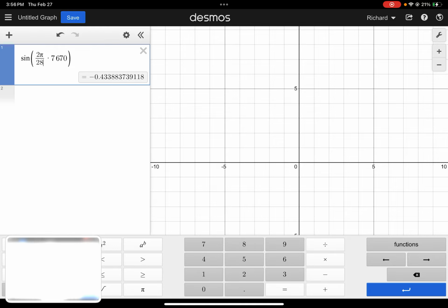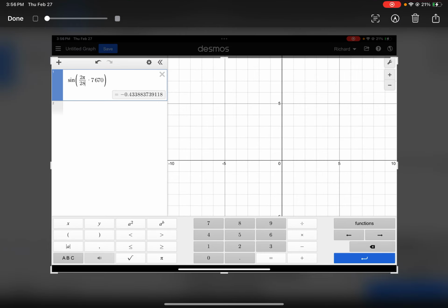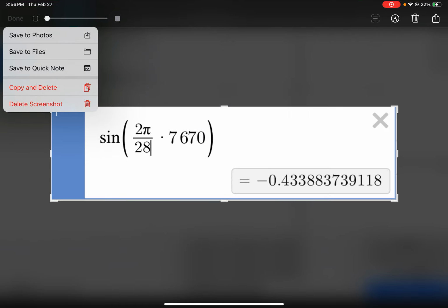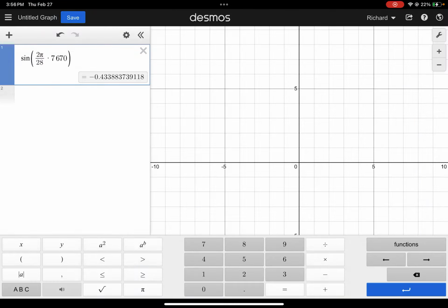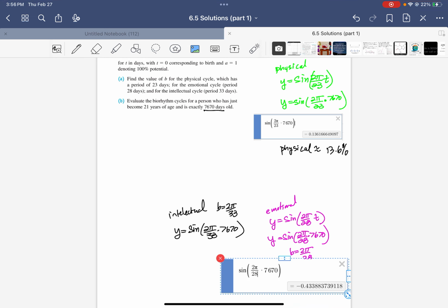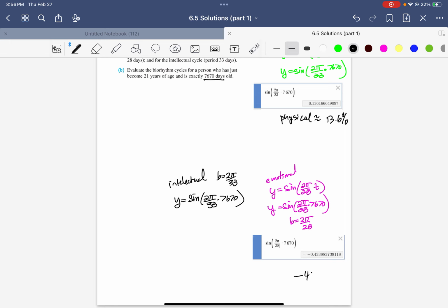So for emotional, just about negative 43.4%. So wow, we're really not feeling very emotional. We're feeling pretty crappy emotionally. We're not feeling super great physically.